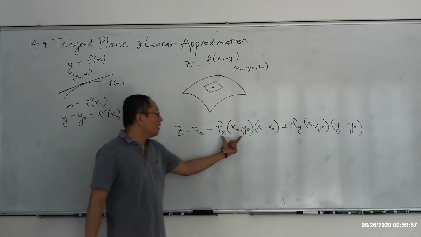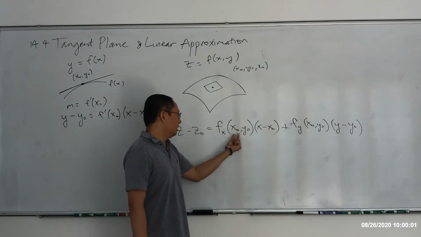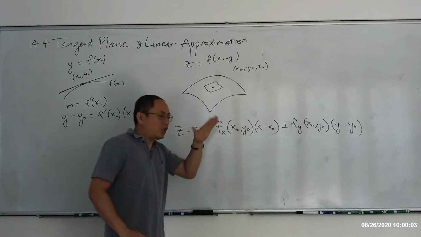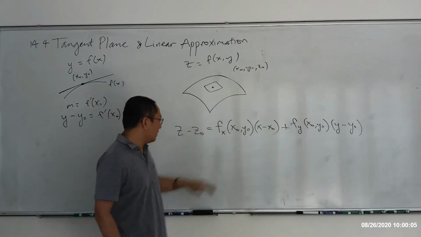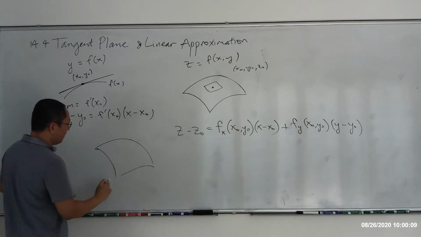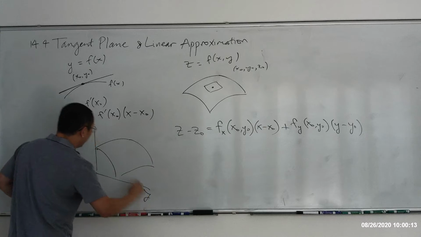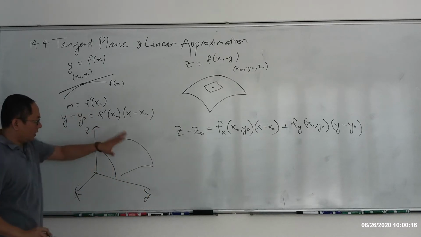We learned about the partial derivative before. f sub x is the rate of change in the x direction. You have a surface with x, y, z axes.